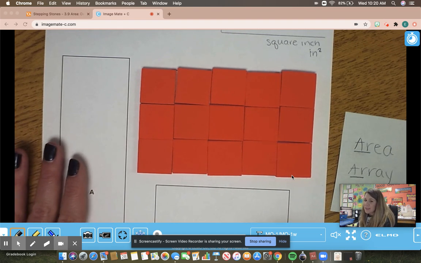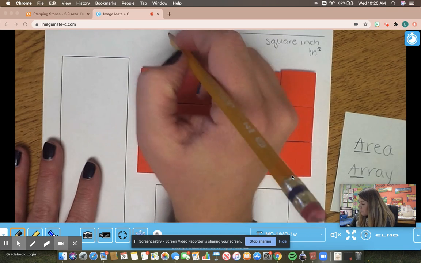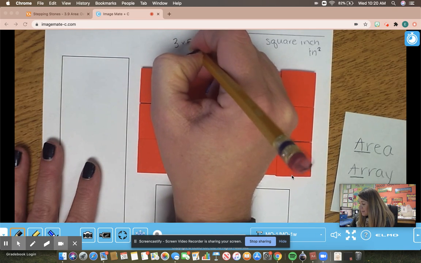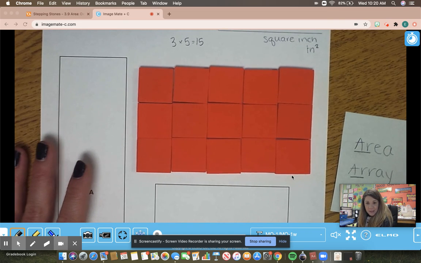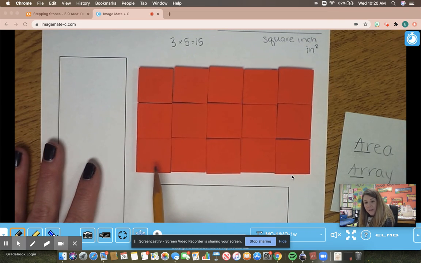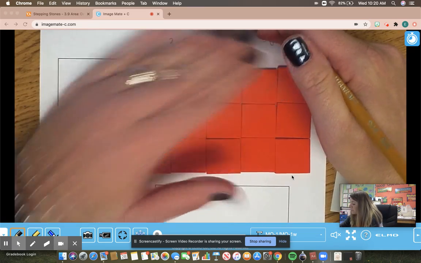But you guys are past the point of having to count. You knew the number of rows and the number in each row. 3 rows of 5 equals 15.